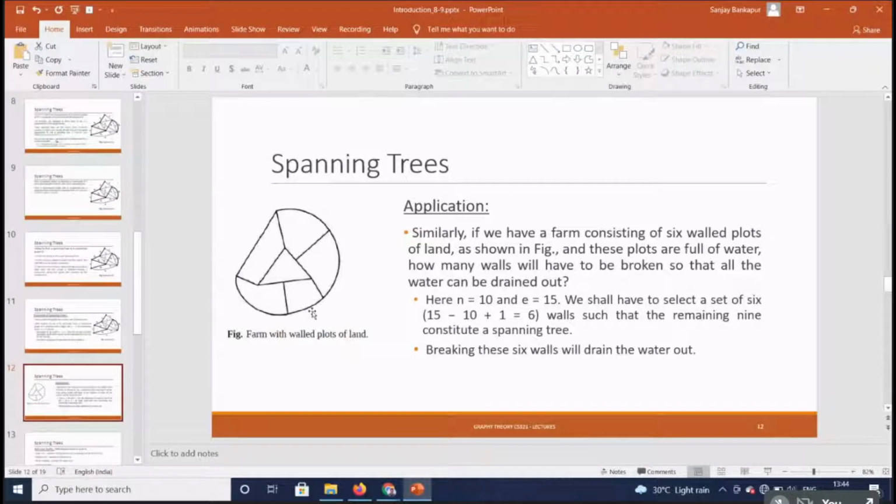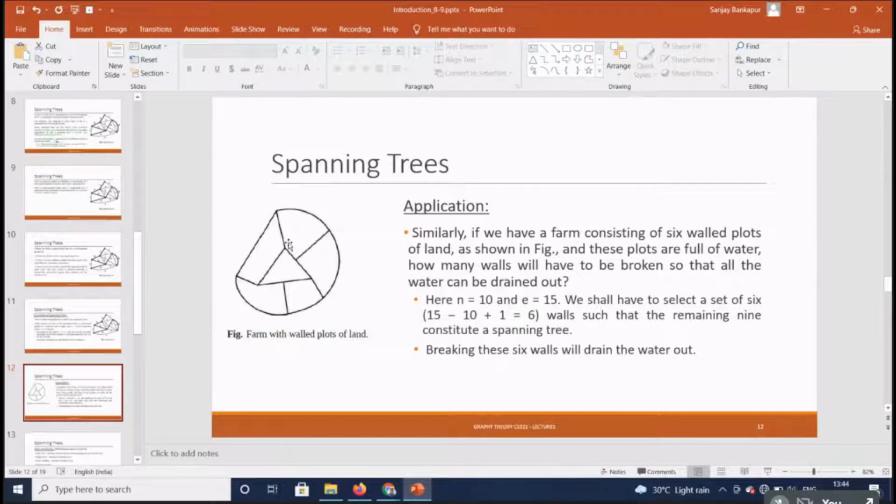So 6 areas, and they are all walled. These plots are full of water due to heavy rain. How many walls will have to be broken so that all the water can be drained out? We have to remove some number of walls so that all the water occupied in those plots is drained out.